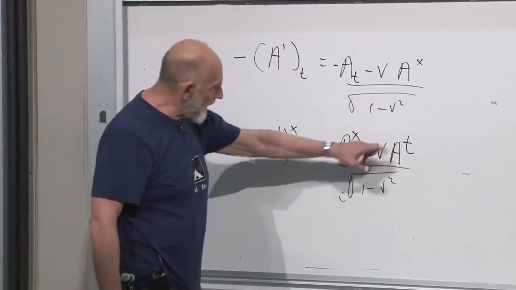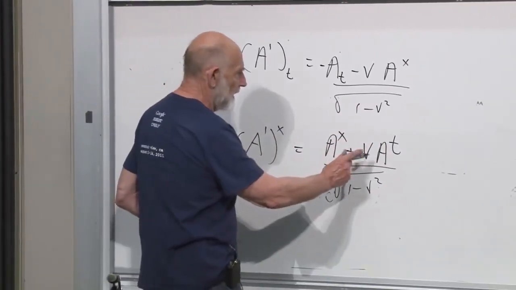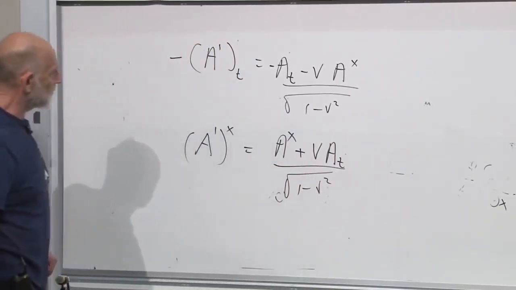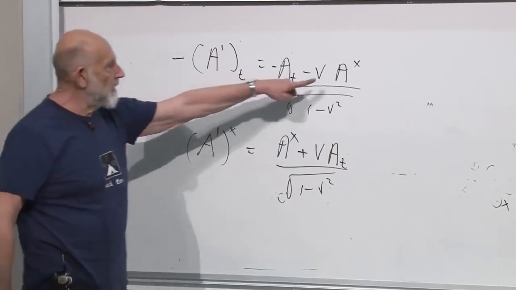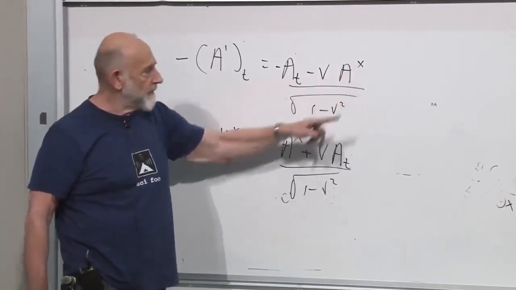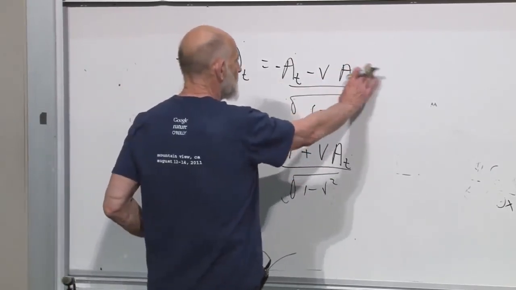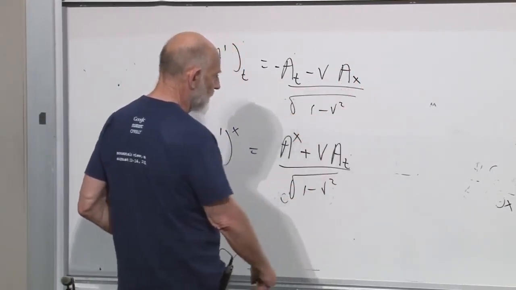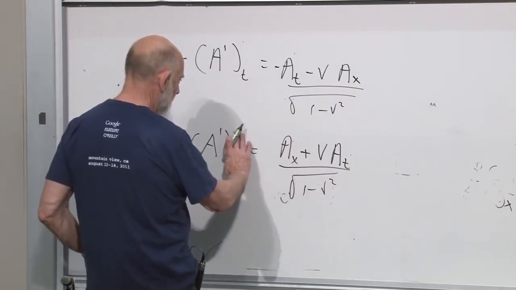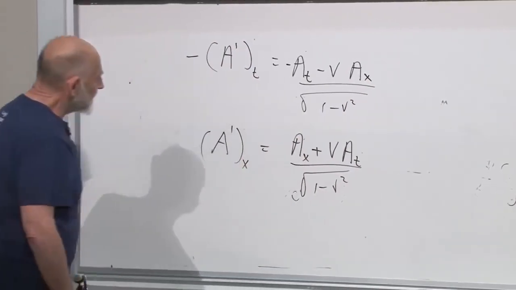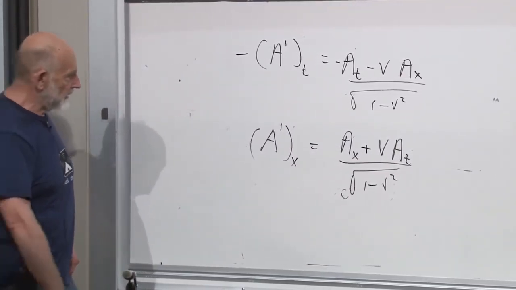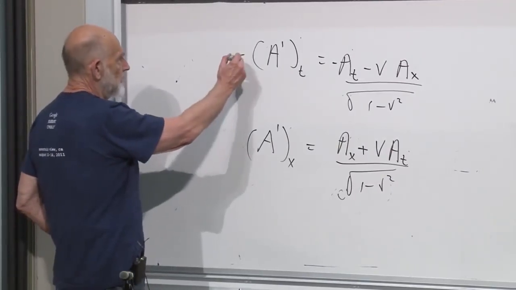A with an upper index t here is the same as A with a lower index t here, with a sign change. What about A superscript x? That's the same as A lower x. Only the time components change. And so these just go downstairs. Okay, so let's see. I think you're right. I think that it seems to just change the sign.